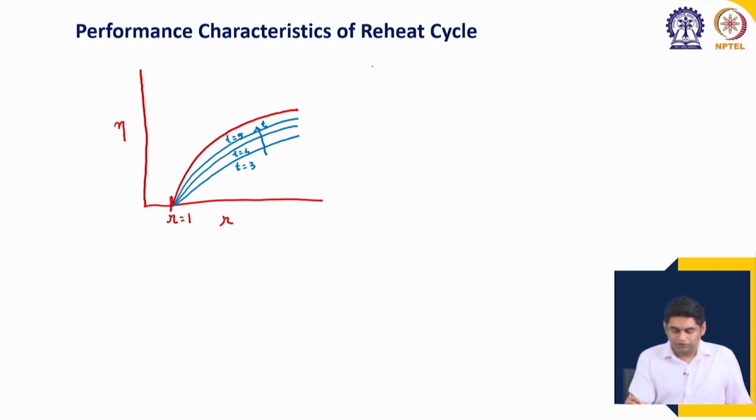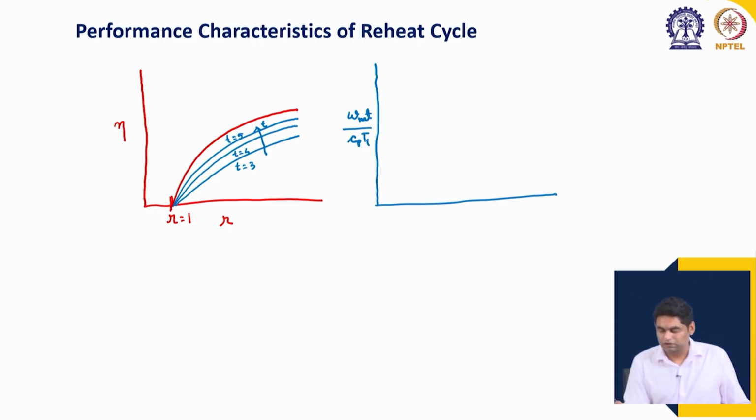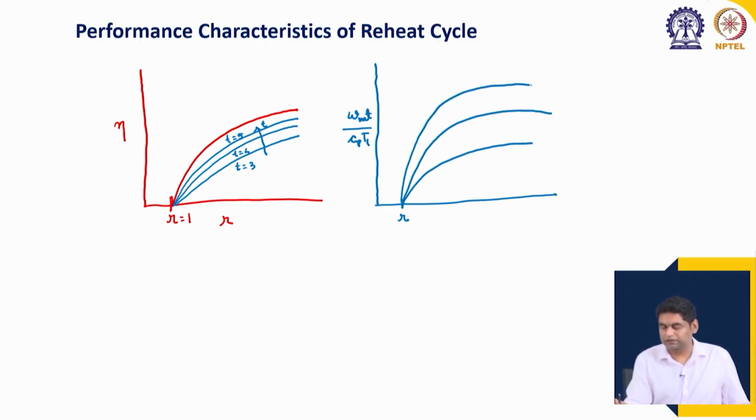What about the work output? If we draw the work output, we will use this blue color itself. Okay. Net specific work output. So, this actually is significantly higher as compared to standard cycle. Okay. Remember that for standard cycle also this was a function of T. Let us say this is T equal to 3, T equal to 4 and T equal to 5, okay, reheat cycle, blue color is reheat cycle.